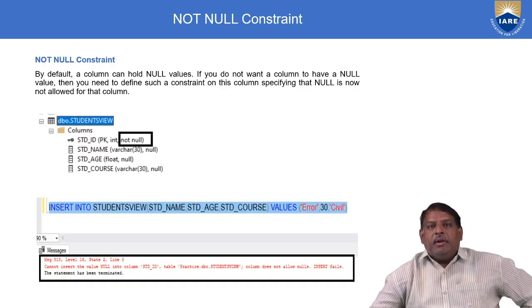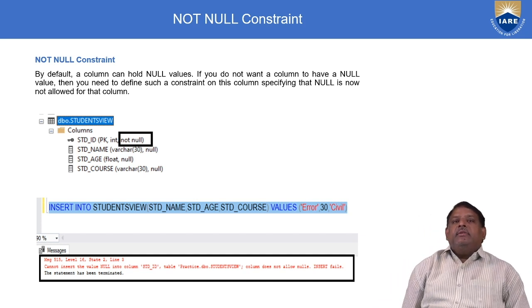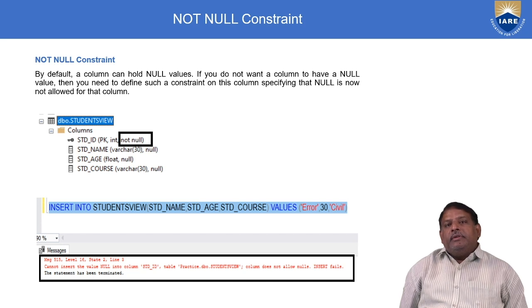Let us see the not null constraint. By default, a column can hold null values. If you don't want a column to have null values, then you need to define such a constraint on this column, specifying that null is not allowed for this column. For example, student ID, I'm saying not null. So if I try to insert a record into the student table without the student ID, then we'll get an error.